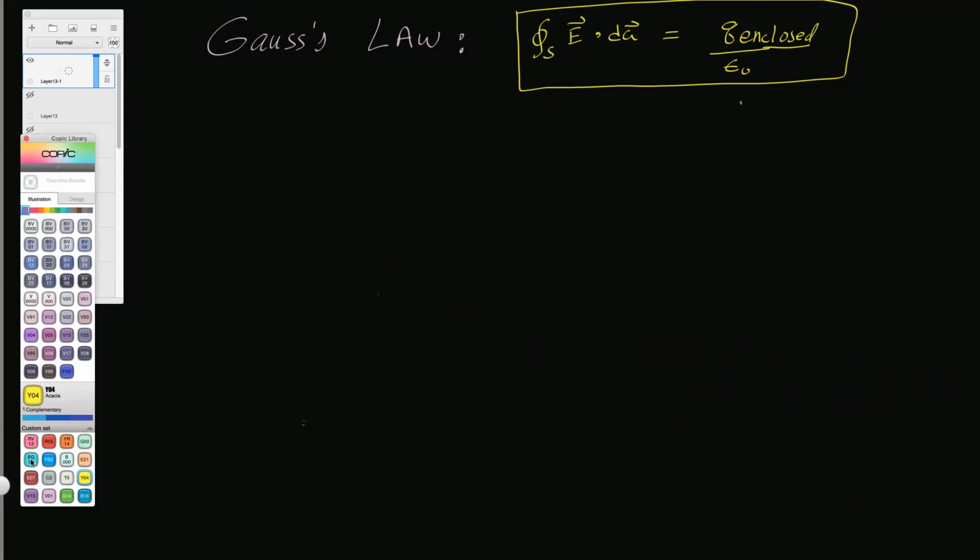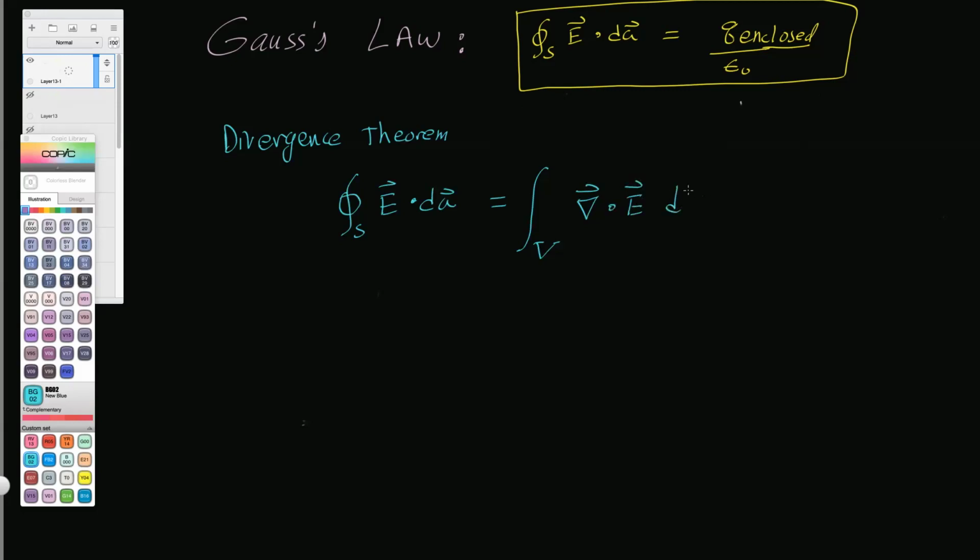We start with the divergence theorem. If you have an integral around a closed surface of a field dot dA, that's equal to the integral over the volume enclosed by that surface of the divergence of that field. In the example with a sphere, where S was a spherical surface, the volume would be inside the sphere, and you're integrating over the spherical volume inside.